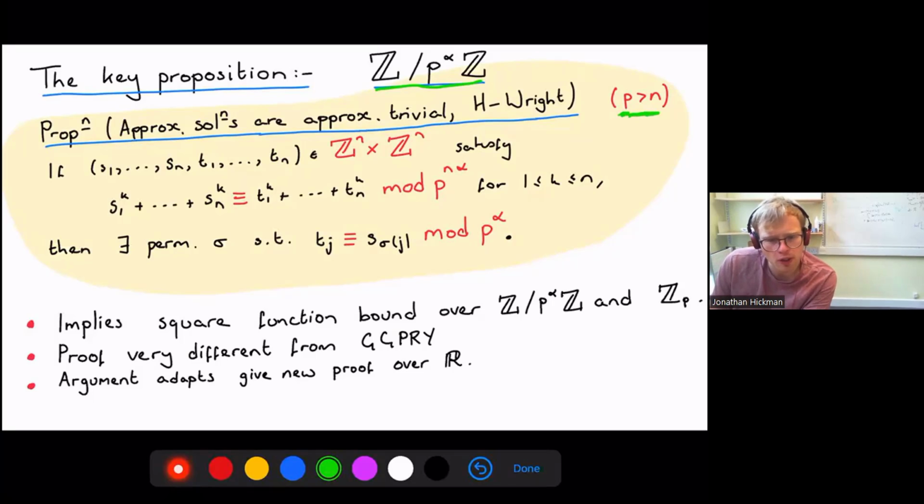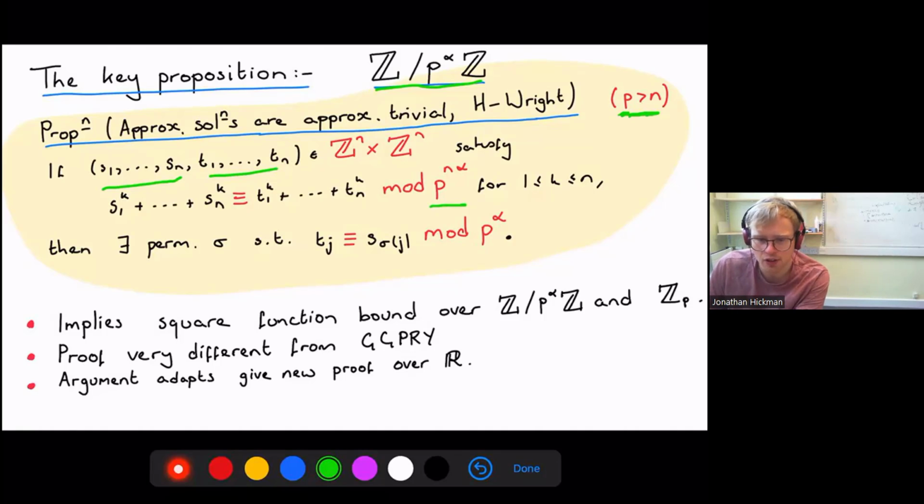So we'll suppose now that s_1 up to s_n and t_1 up to t_n are n-tuples of integers which satisfy some system of congruence equations. In particular, we have exactly the same system of equations as before, these first n power sums, but now we're asking the kth power sum in s to be congruent to the kth power sum in t modulo p to the n alpha. So this will be our analog of an approximate solution in this setting.